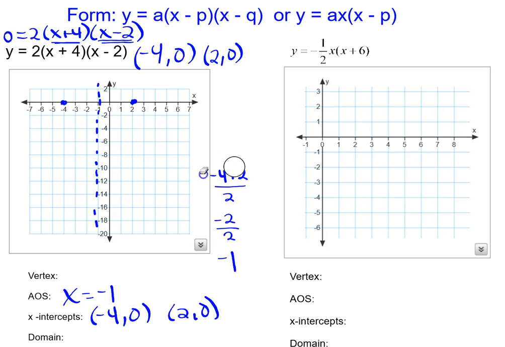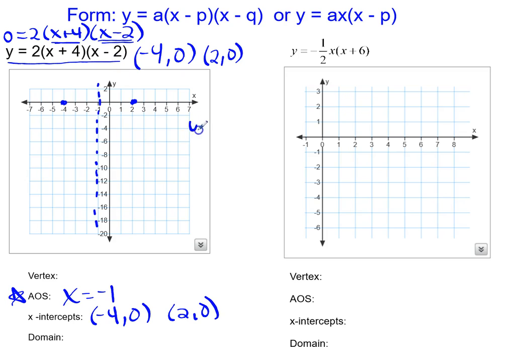Now, when I'm ready to find my vertex, I do like I did when it was ax squared plus bx plus c, and I take my axis of symmetry from right here, and I plug it into the original equation to find the value for y.